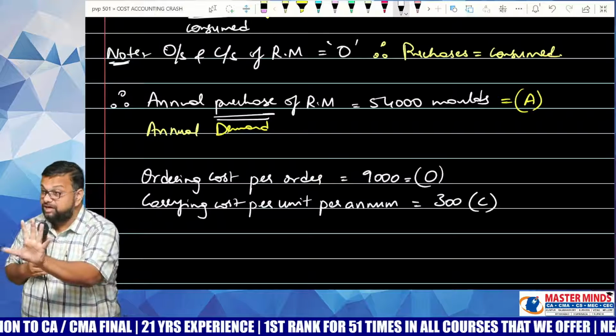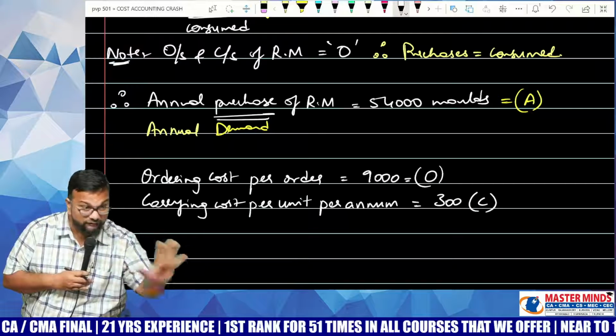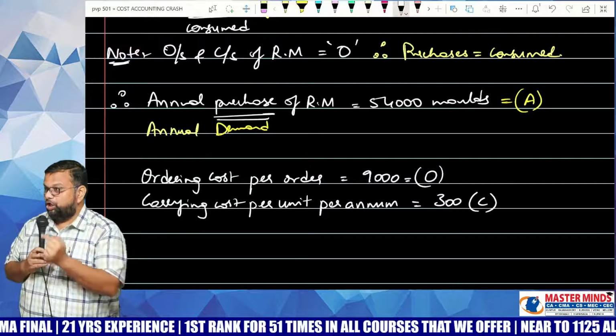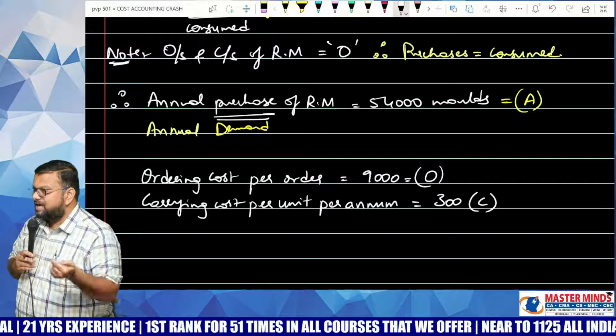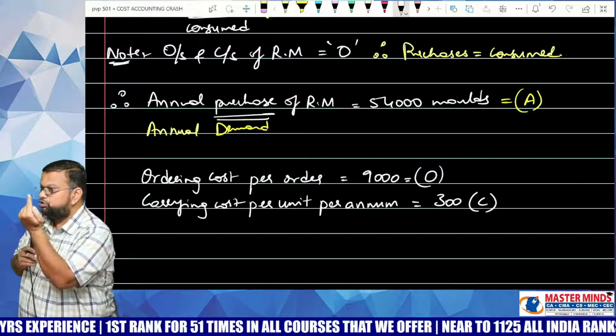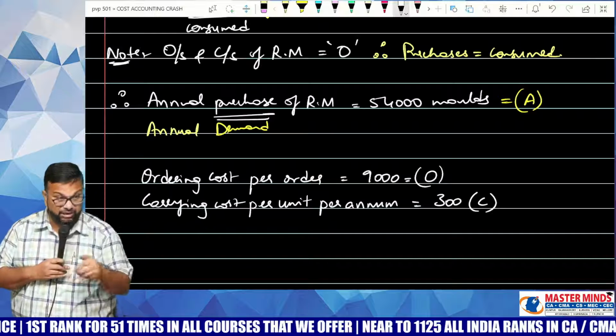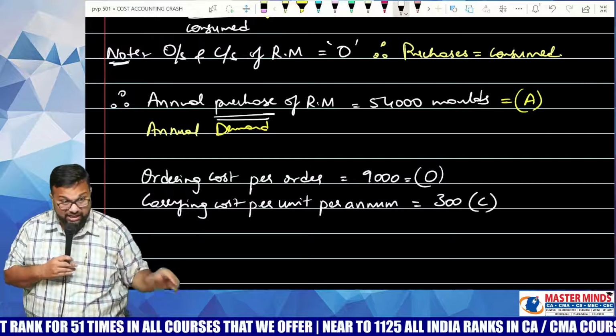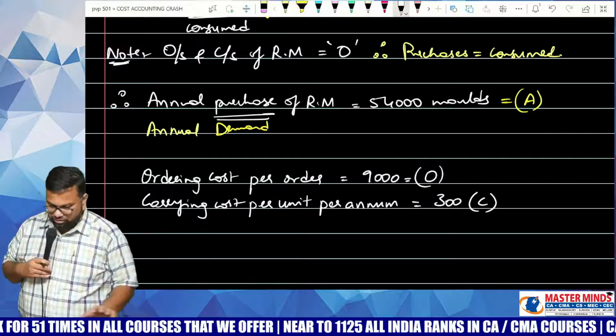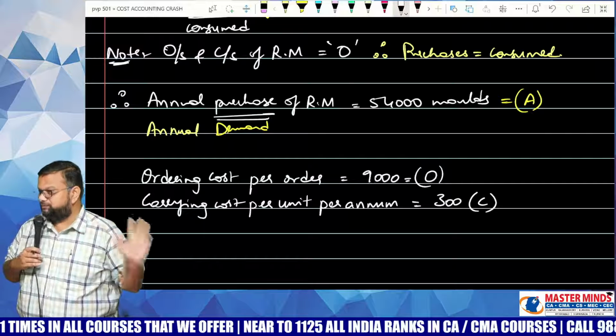I have just taken storage as an example of carrying cost. In my example, mold is the raw material. To store one mold for the entire year, you will incur on average 300 rupees.